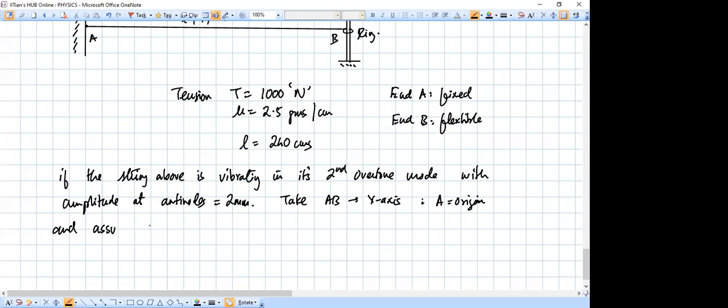assume all particles are at mean position at t equal to 0. Okay. And write the equation of the standing wave.